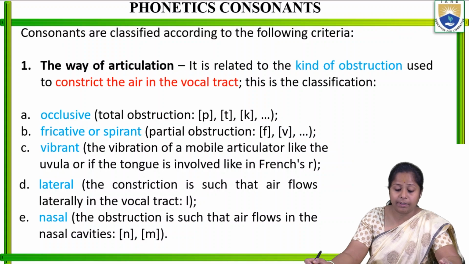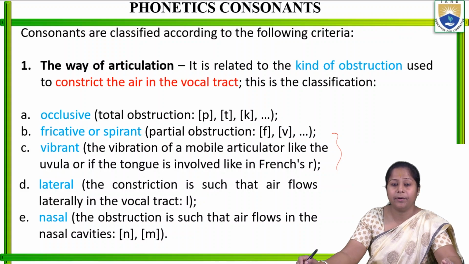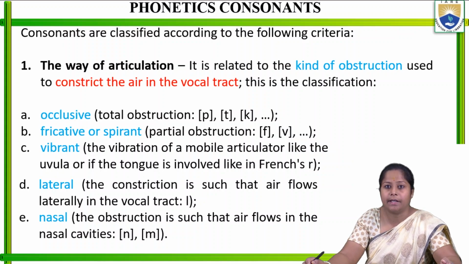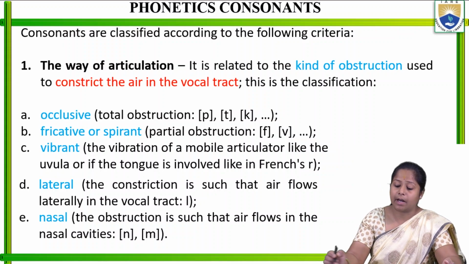Next is vibrant articulation, which is the vibration of a mobile articulator, like the uvula, or the tongue, involved in some sounds such as the R in French. Whatever sounds are created by mobile articulators, in various languages, come under vibrant articulation.